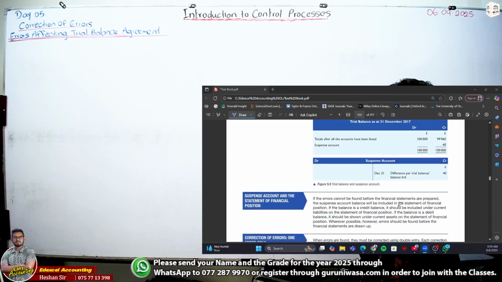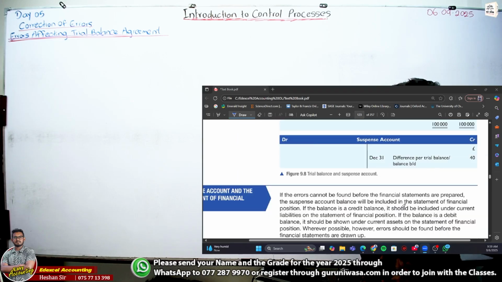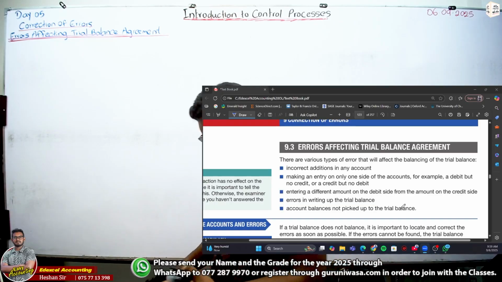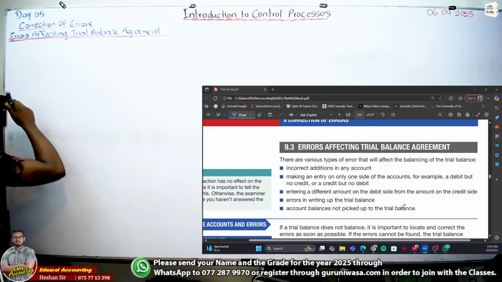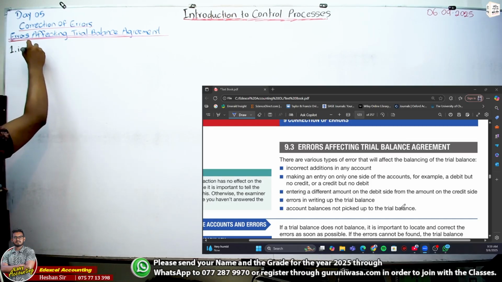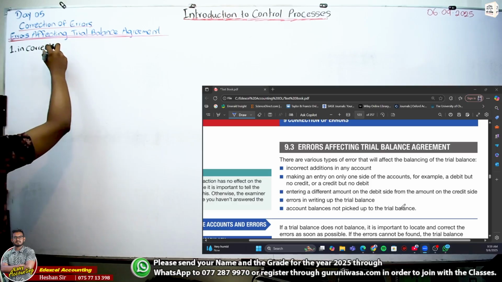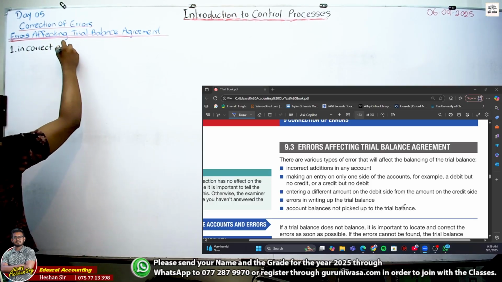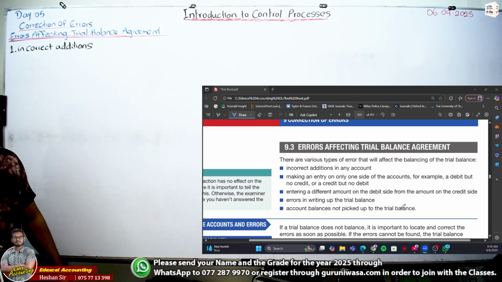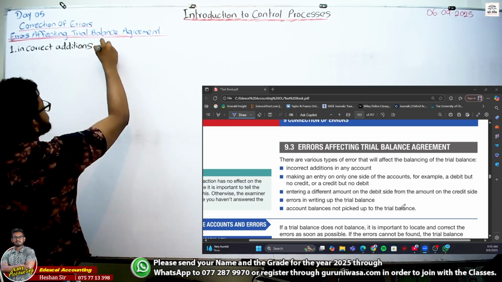You can see in here. Number one, incorrect additions in any account. Incorrect additions, which means when we are balancing, there is a mistake in additions in any account.